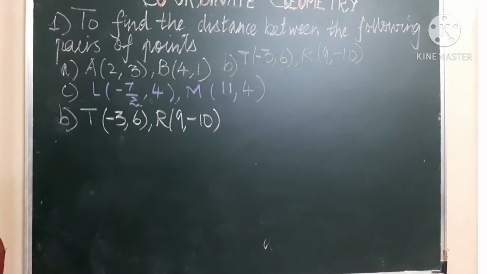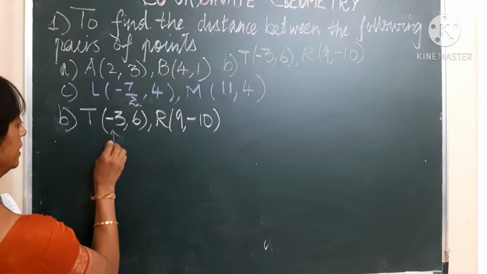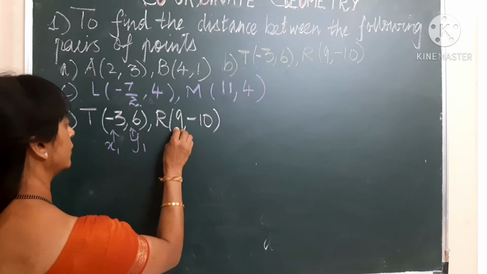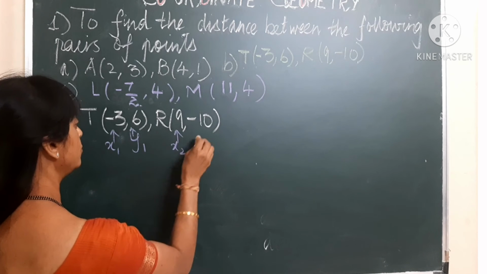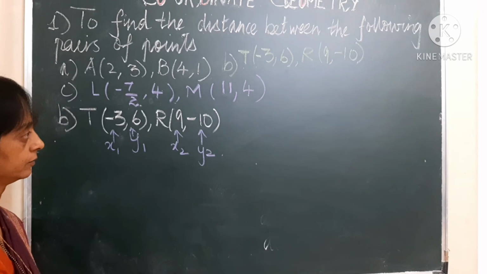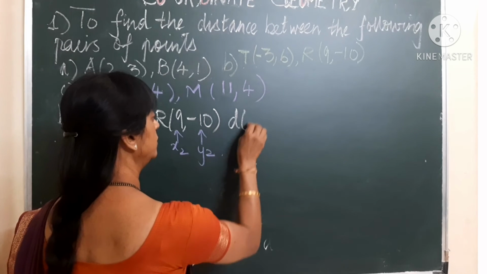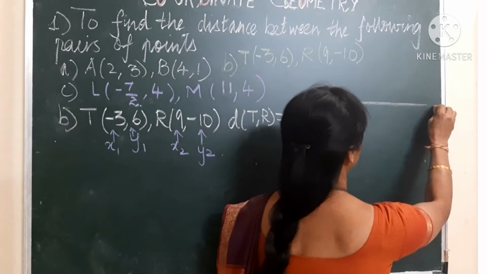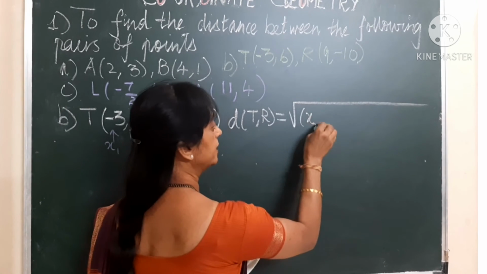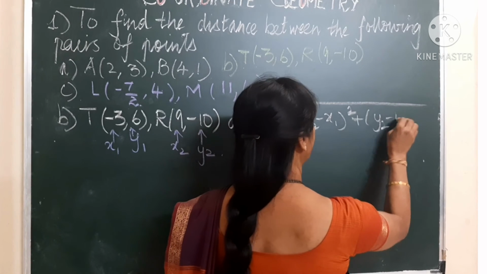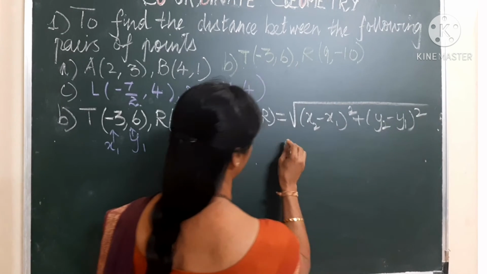Here again, T has coordinates x1, y1, R with coordinates x2, y2. To begin with, let's first write down the distance formula. That will be equal to square root of x2 minus x1 the whole square plus y2 minus y1 the whole square.